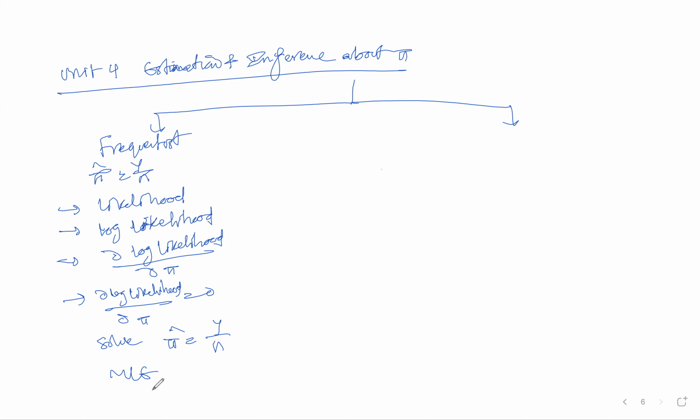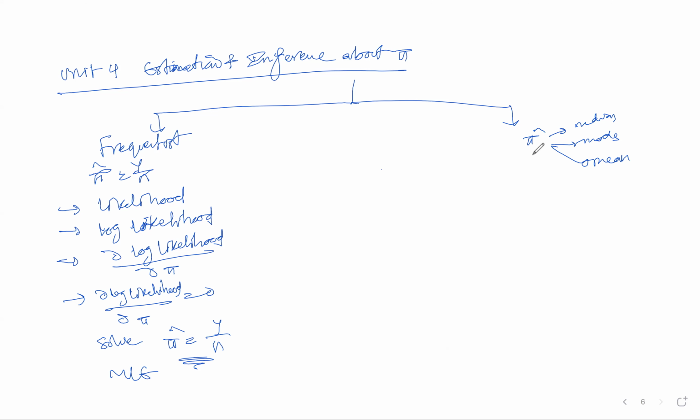And again, yesterday we went over the case where the data follows a Poisson distribution, and we found lambda hat equals the sum of y divided by n. This is the estimation of pi hat. But for the Bayesian approach, you can use pi hat as the posterior mean, posterior median, or posterior mode.